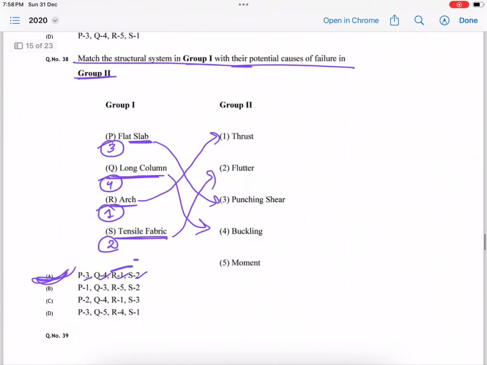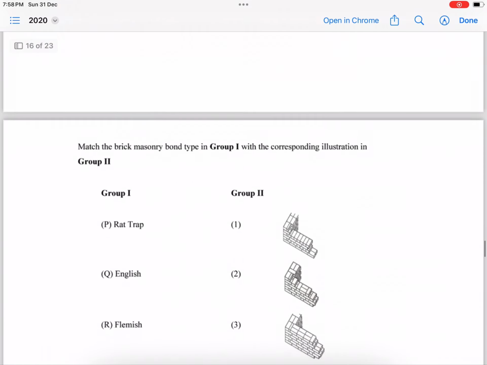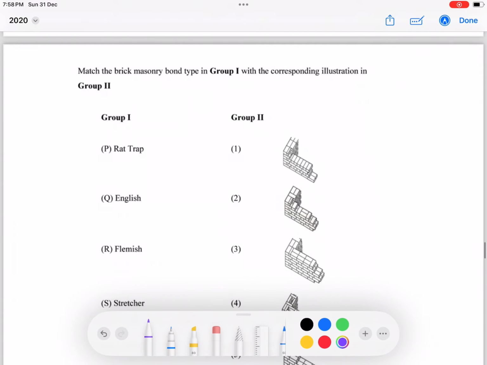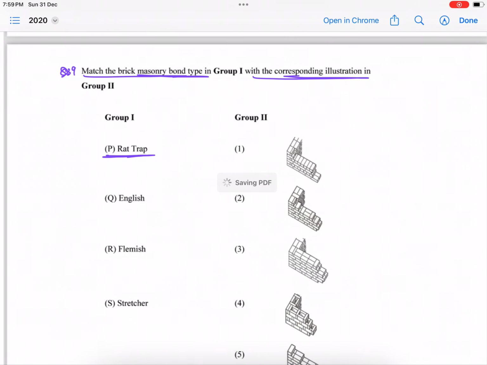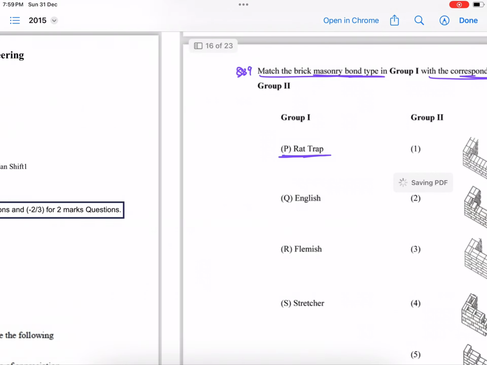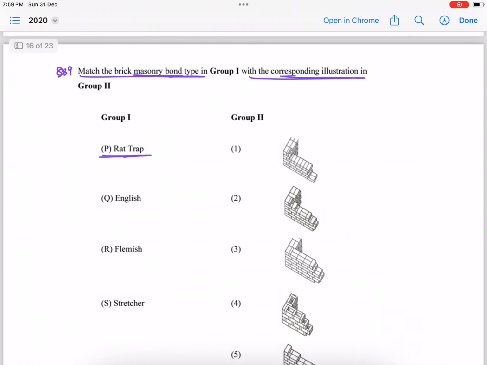Moving on to question number 39. Match the brick masonry bond with the corresponding illustration. Rat trap bond is the fourth one. You can see here it is the fourth.